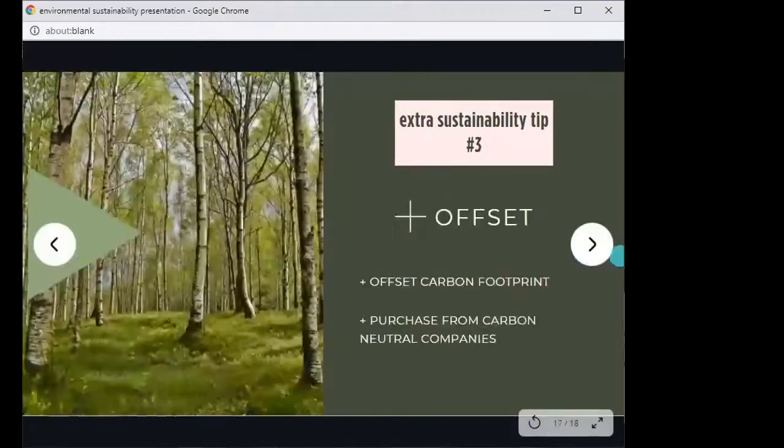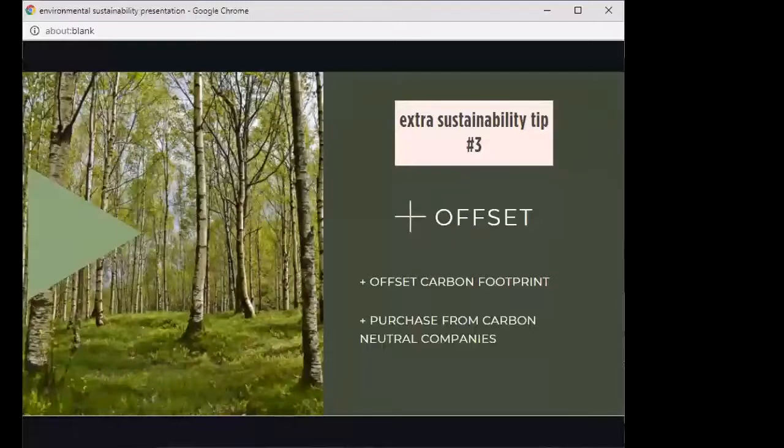So my last tip here, because I don't want us to run out of time, is about offsetting. Specifically, I want to talk about carbon offsetting, because it's really the only readily available offsetting that we have as the general public right now. The idea behind carbon offsetting is fairly simple.